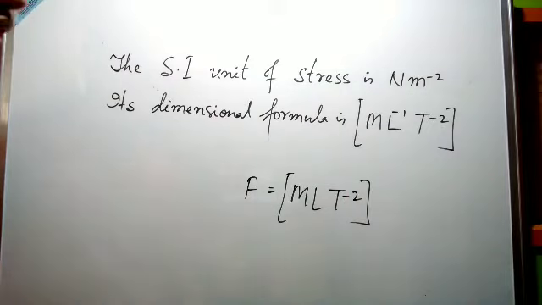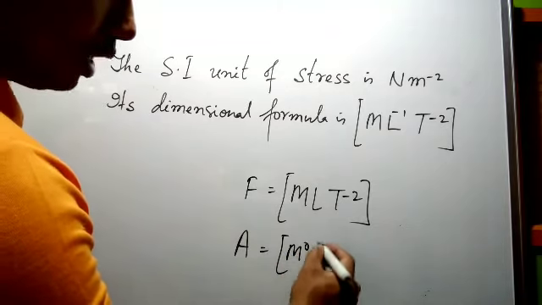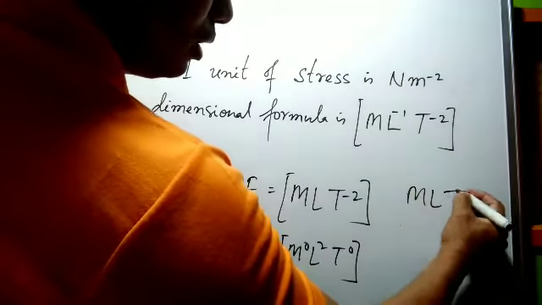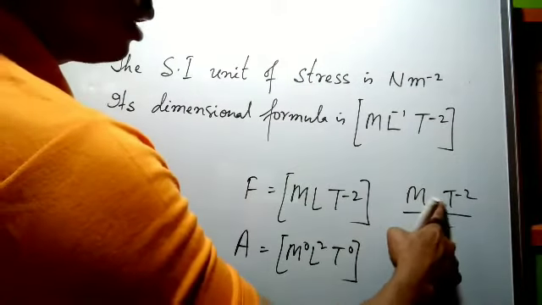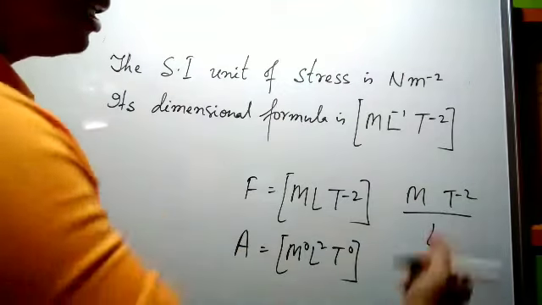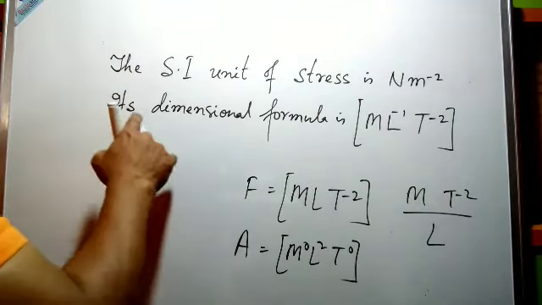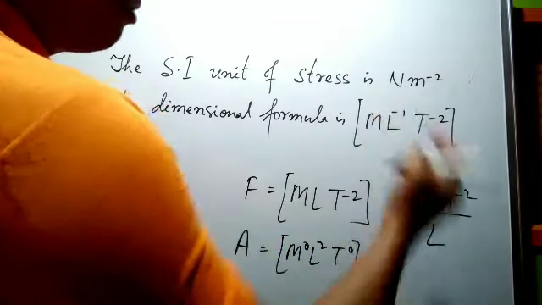Sina force ki dimension formula ni area di L square ni M to the power 0 L square capital T to the power 0 aduna force by area ani je divide tawro adu di sita ni M L inverse T minus 2 sigi M L T minus 2 da L square no sumai divide la ka tu ni adu tar sigi L amaga cancel tawrani sigi L je denominator level L je numerator the poradi magi power je minus 1 la ne L inverse la ni aduna dimension formula for stress height di M L to the power minus 1 capital T to the power minus 2.